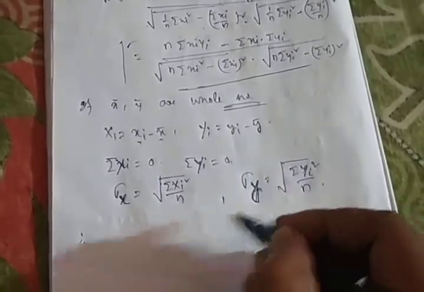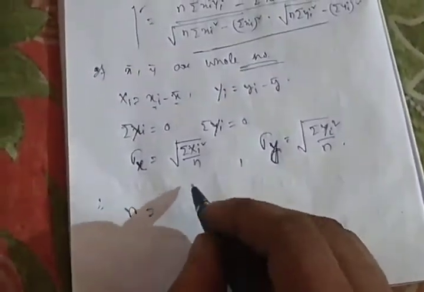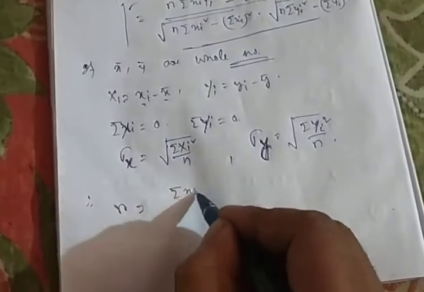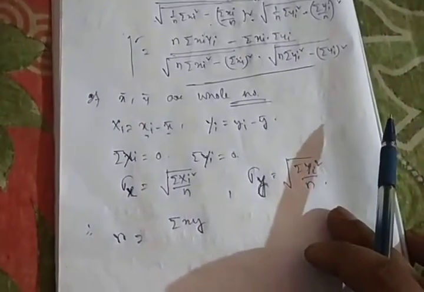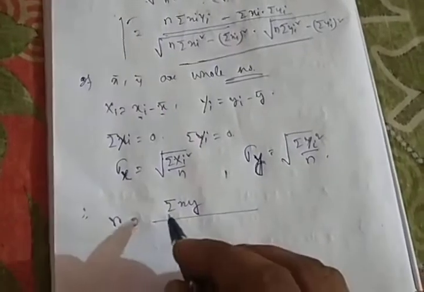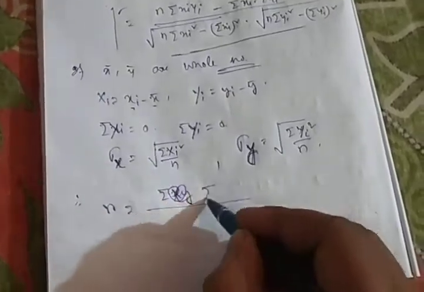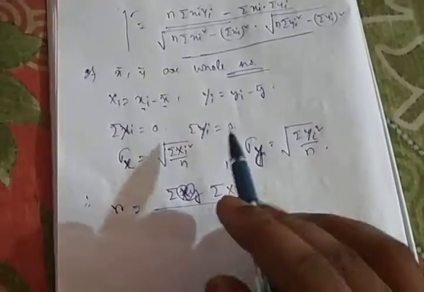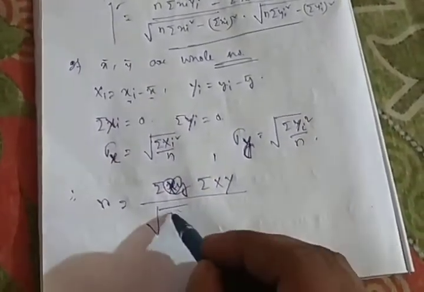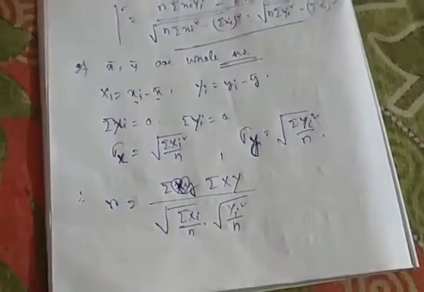Now putting this in the formula for R, we will get R equals only summation XY, as summation of capital X and capital Y will be 0, divided by root under summation X square divided by n into root under summation Y square divided by n.